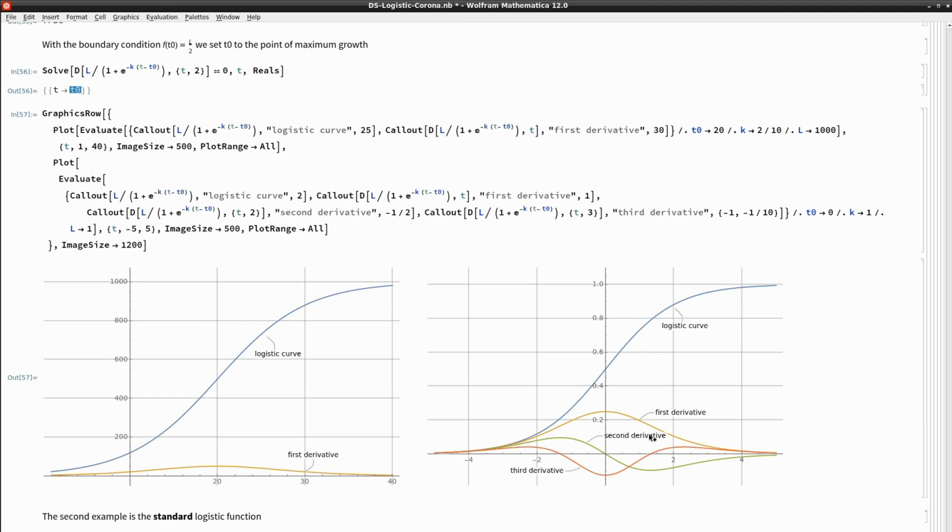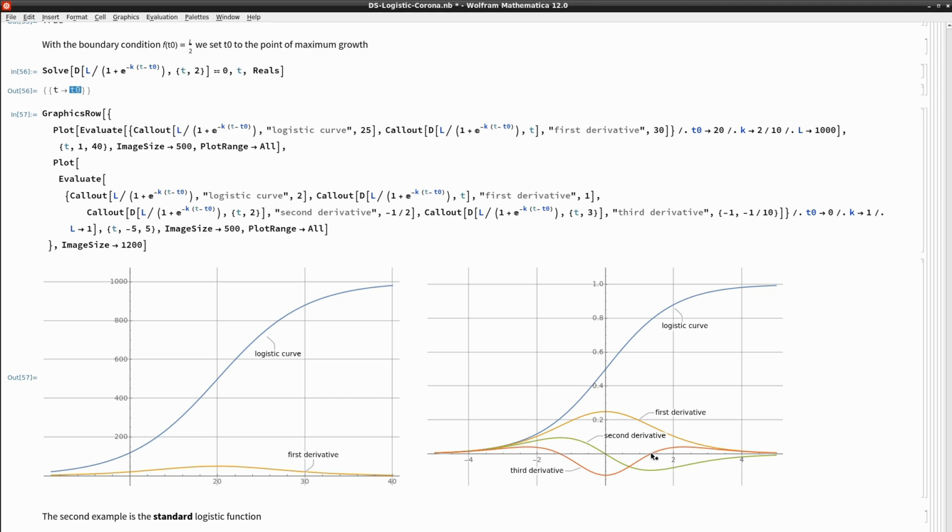And for the third derivative, note that the zeros of the third derivative correspond to the inflection points on the first derivative. You see that we have an inflection point here exactly where we have a 0 in the third derivative. And coincidentally, well, not really coincidentally, it's also the maximum on the green curve. And the same on the right side.